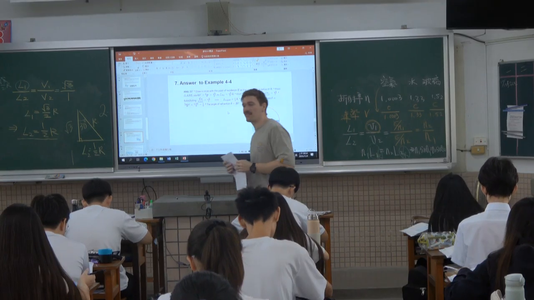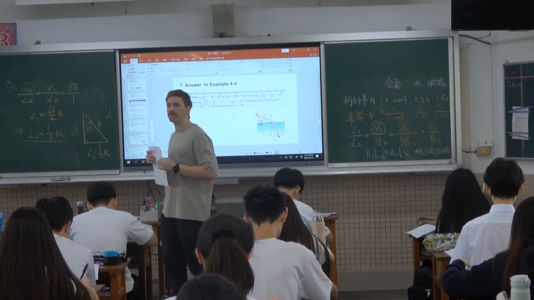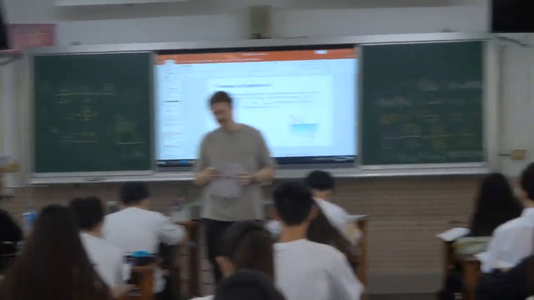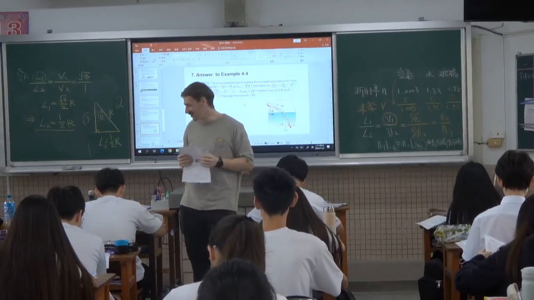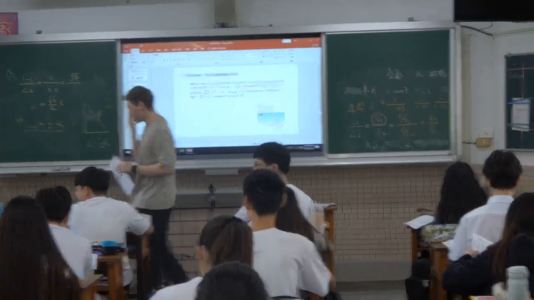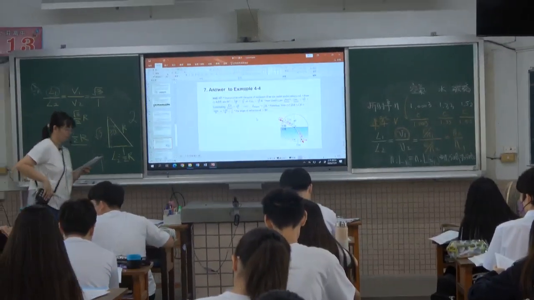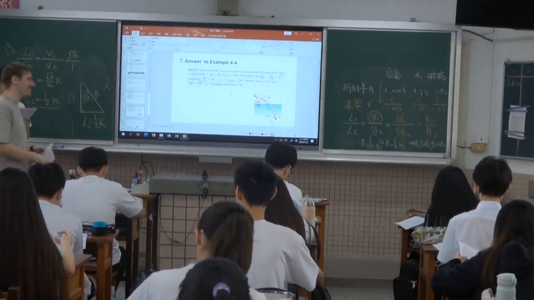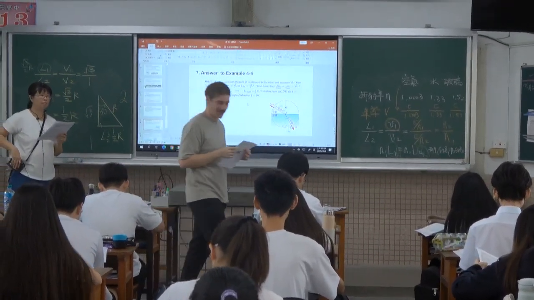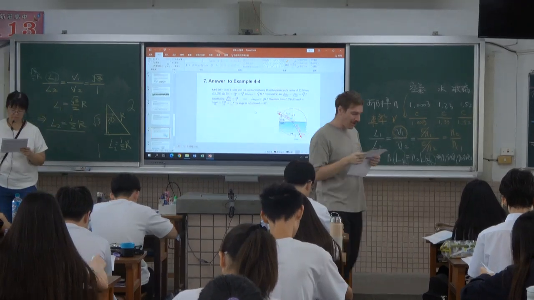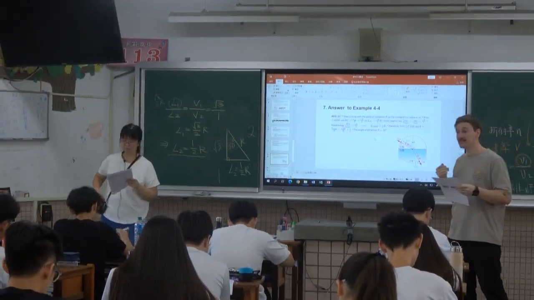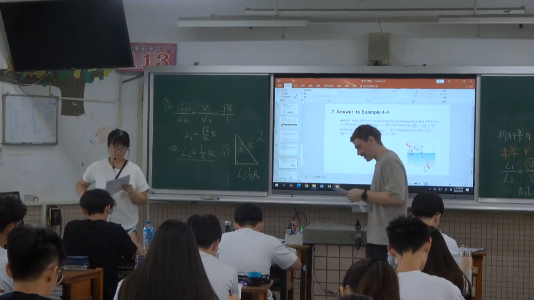Number 2, the Dutch scientist. Who is the Dutch scientist? Who wants to try? Andrew. You were next. Who is the Dutch scientist? Yeah, very good. You can say it better than me. So, Christian Huygens, proposed that light is a wave phenomenon.